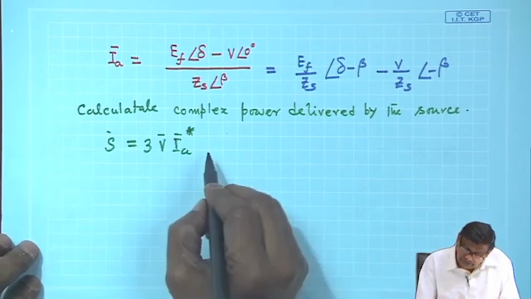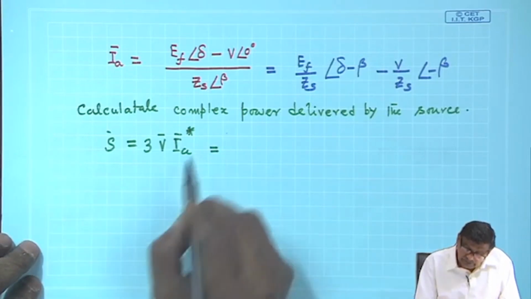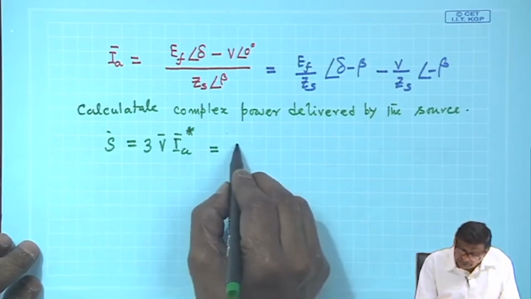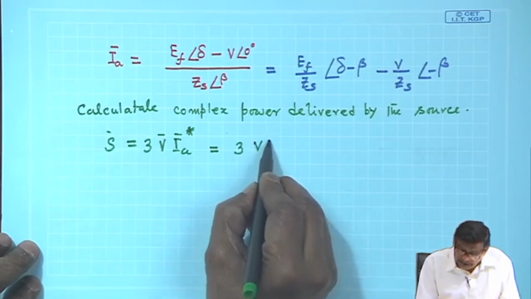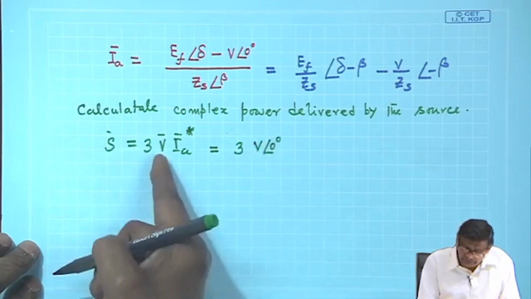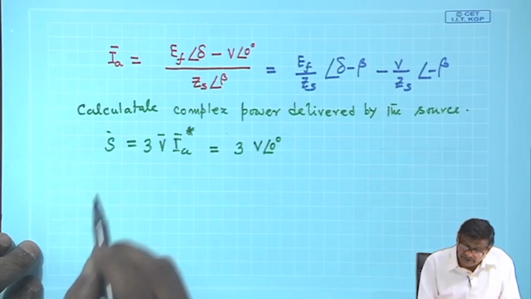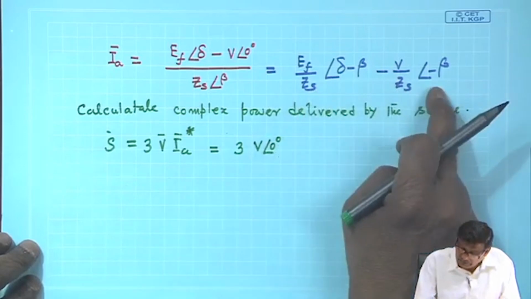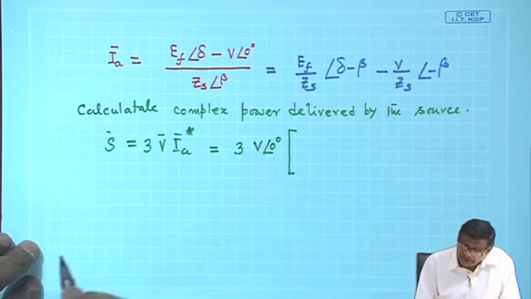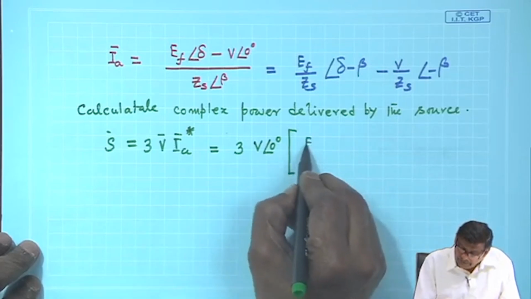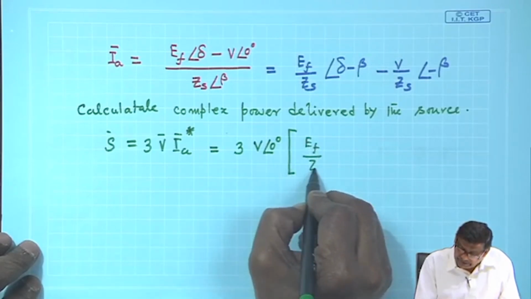So, it will be like this. Now, this one I will substitute the values: 3 V angle 0 degree, this is the voltage, I A star. So, I A is known, into I A star it will be E f by Z s.